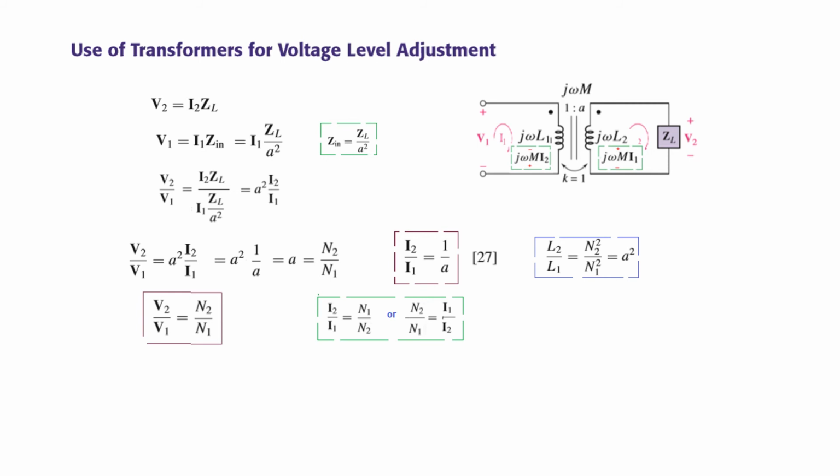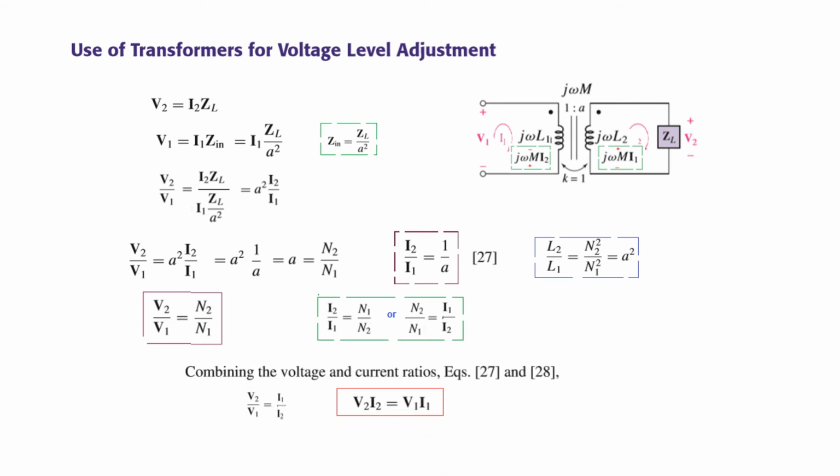If you increase N2, then the current I2 will decrease. For the current, if we reverse it to bring N2 on the top and N1 at the bottom, then the relation will become I1 over I2. So now we replace this N2 over N1 by I1 over I2.